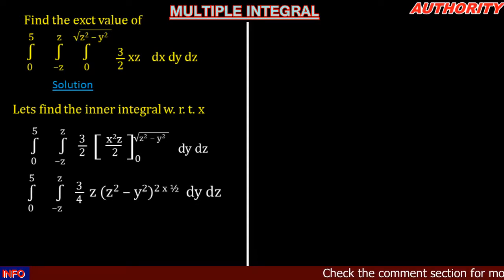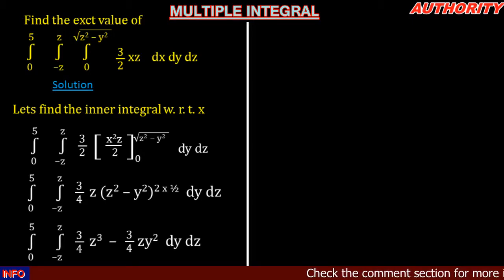Now let's use this 3 all over 4z to open the bracket. 3 all over 4z times z squared gives you 3 all over 4z cube. And then 3 all over 4z times minus y squared gives you minus 3 all over 4zy squared.